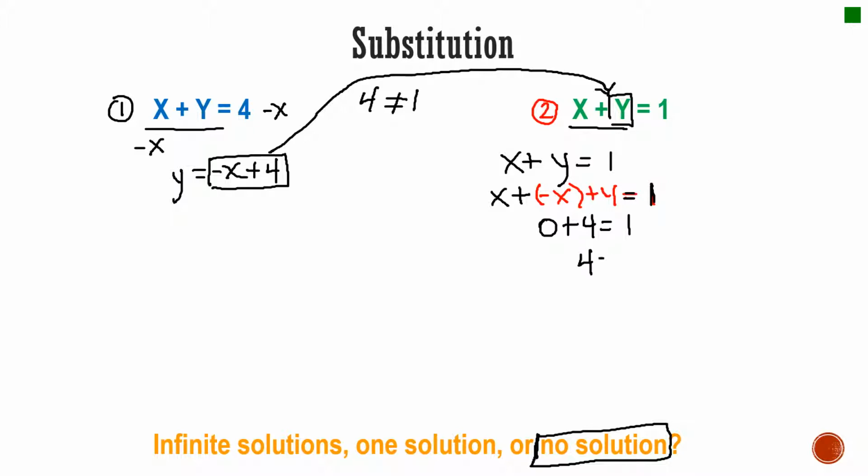So 4 equals 1 turns out just like I said before. 4 does not equal 1. So that is why it is no solution here. I do not have a solution because this is not a true statement. And whenever you end up with an untrue statement, that means you have no solution to this system of equations.